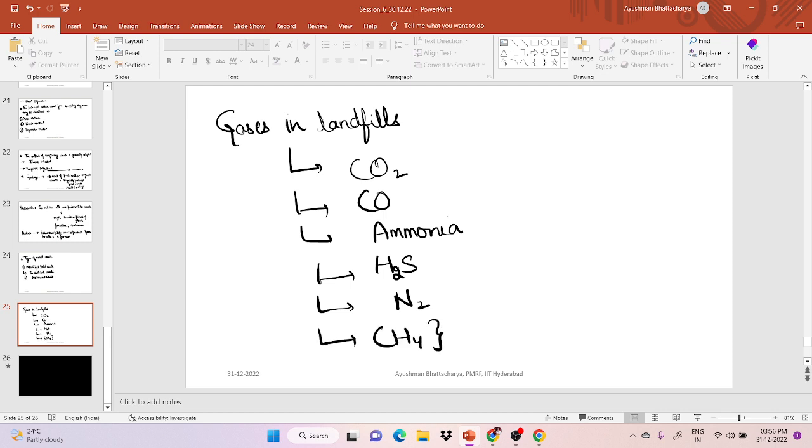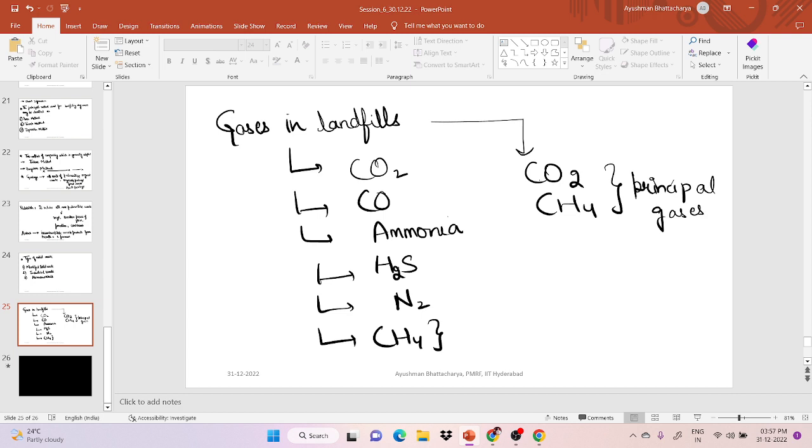This is very common because you might be hearing every day in summer that there is a landfill fire. This is because of methane only. So better remember all these things, and others are oxygen, sulfide. Out of these, the first main ones are CO2 and methane. These are the principal gases.